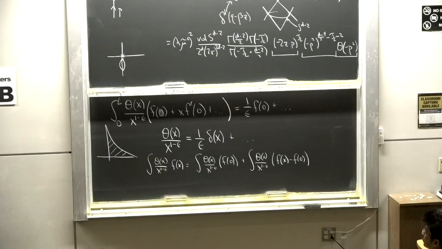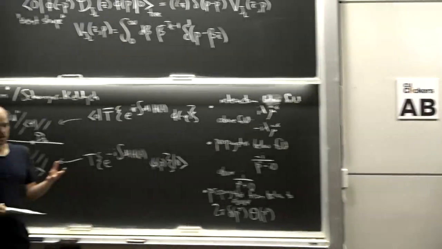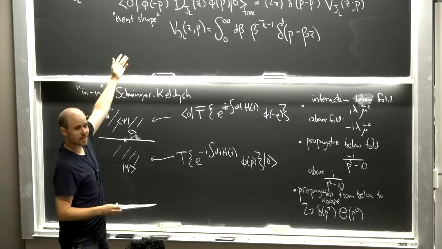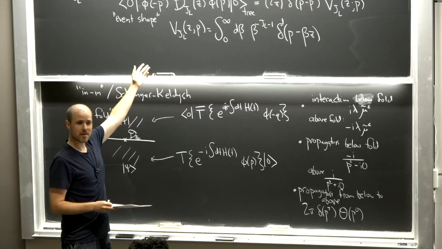So the spirit of what's happening here is we're starting with a bare detector, which is just defined like this. Anywhere it's in a Feynman diagram, it looks like this.